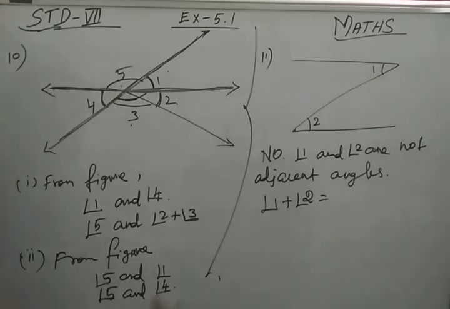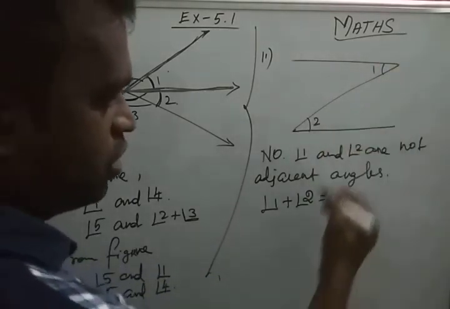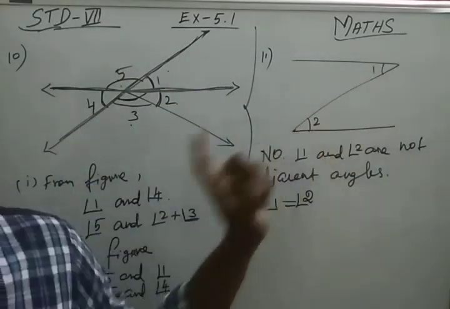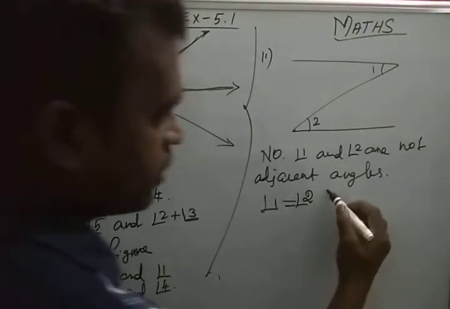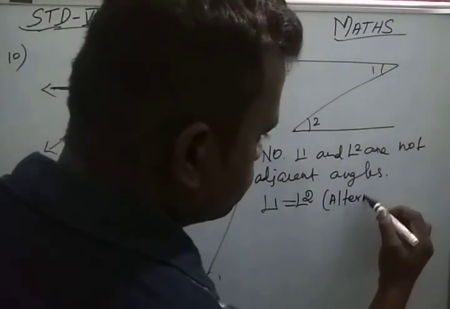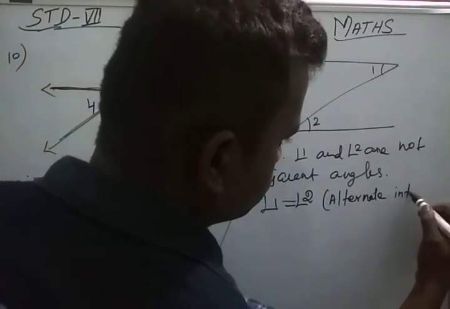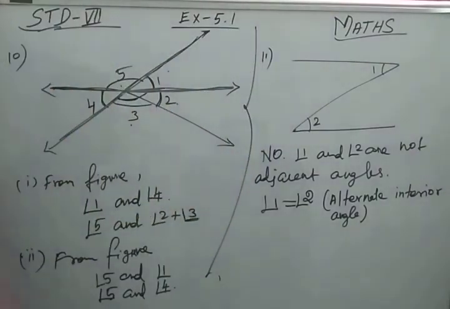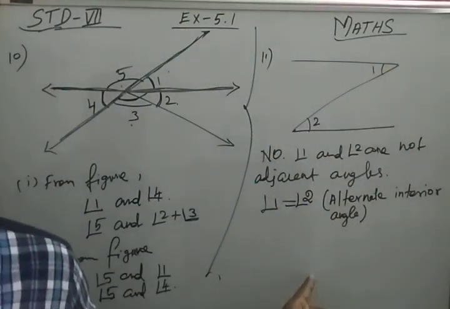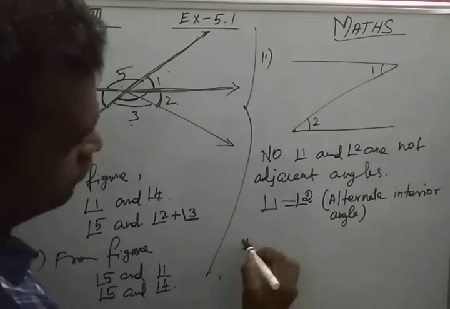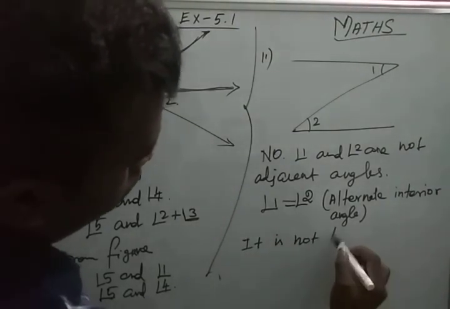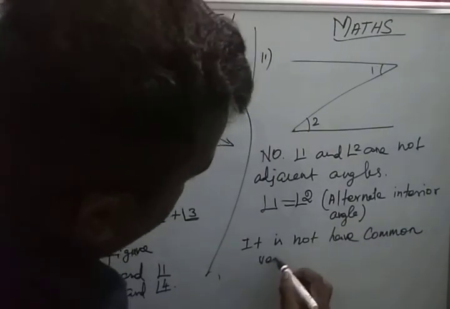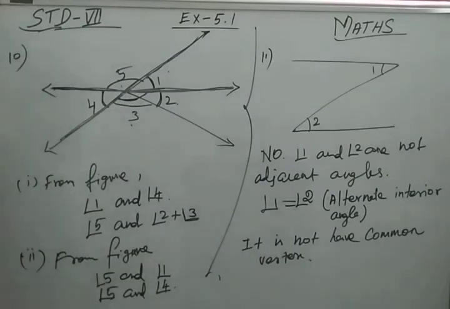Also we can say that both are equal: angle 1 is equal to angle 2 because they are alternate interior angles. First point, angle 1 is equal to angle 2. This is an alternate angle. And one more thing we can say is that it does not have a common vertex.